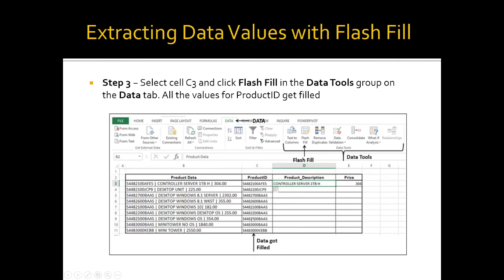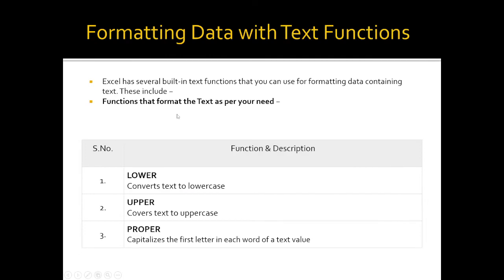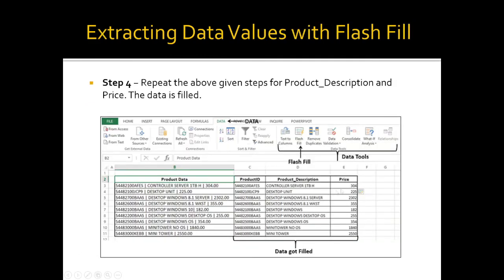So it will automatically fill this one with the product ID. Step 4, repeat the above given steps for product description. So the same, place your cursor here and then Data, Flash Fill. So the data is filled and do the same thing with price.